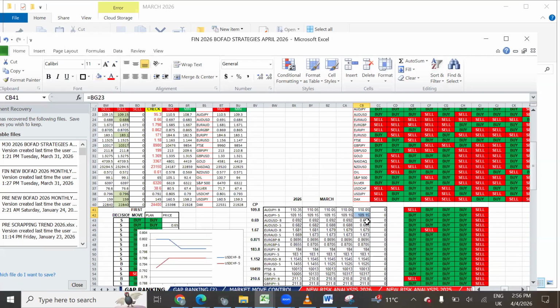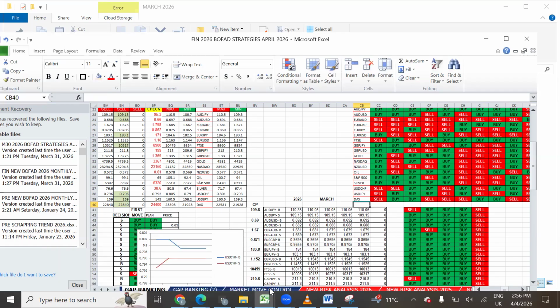We expect our low to be above 109.15 and our high to be above 110.05. So as long as these two conditions are met, then this market is a buy. But if the low comes below the highest of the two, then it becomes a sell. Okay. So that is how we are able to get that on this.